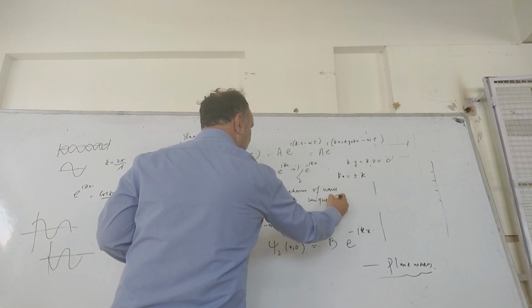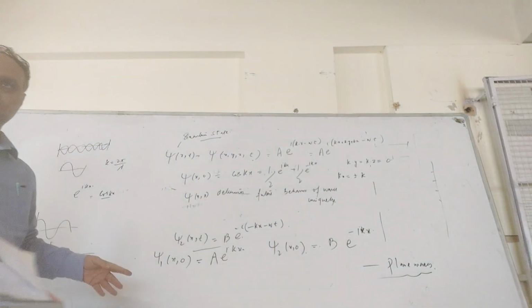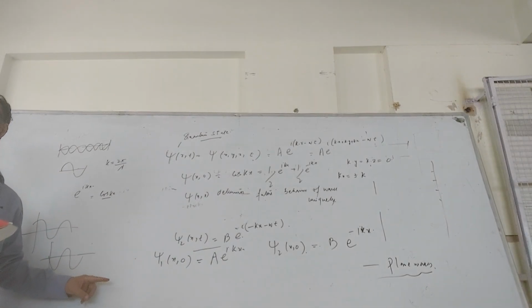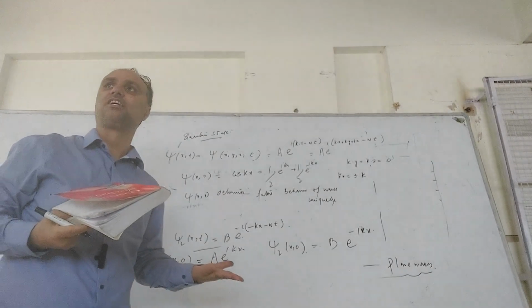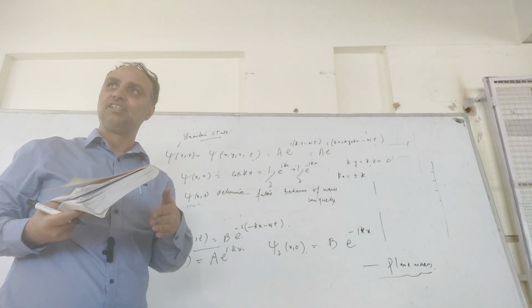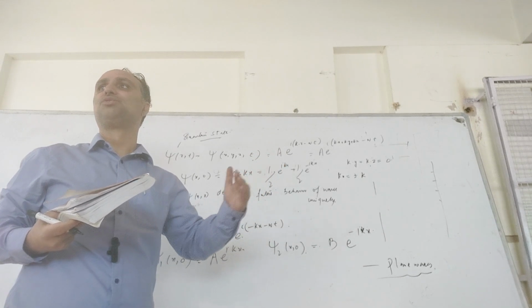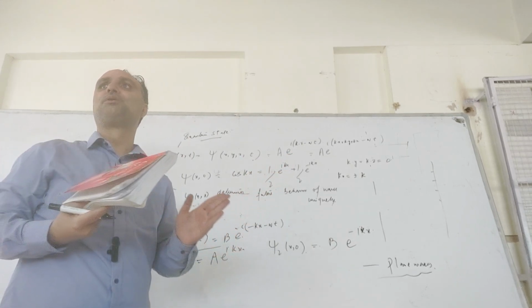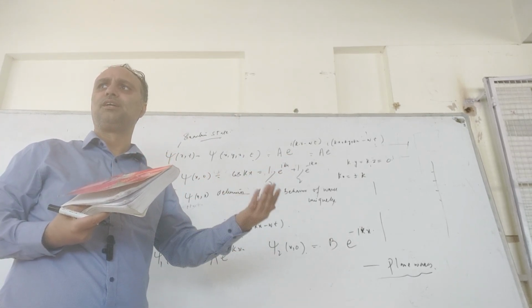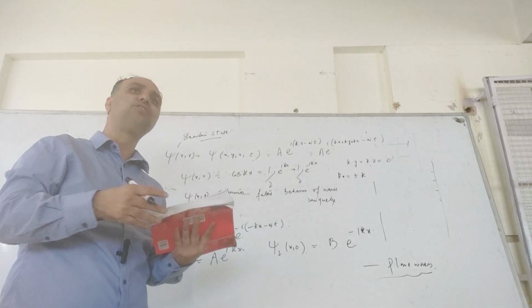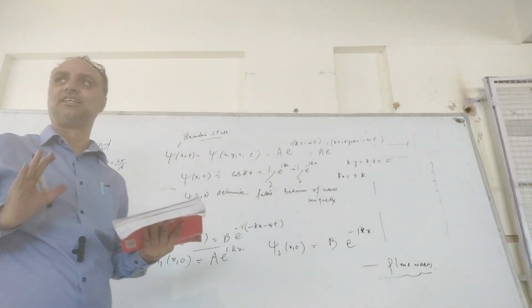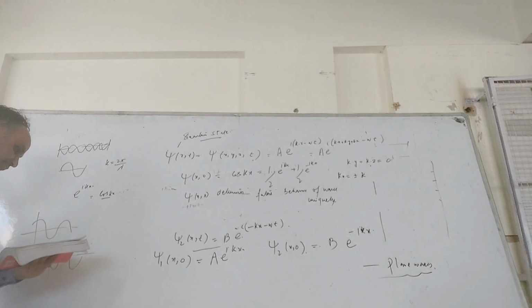Why unity? Because we have started at some definite point, at the origin. The value of psi x 0 at time t, we started, determines how the wave function is going to evolve, or how the two superposed waves are going to evolve in time. Evolve, you can see, is a better word.